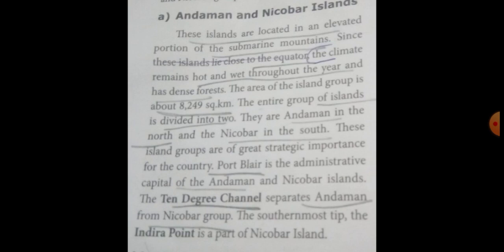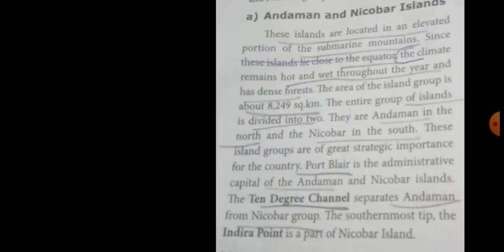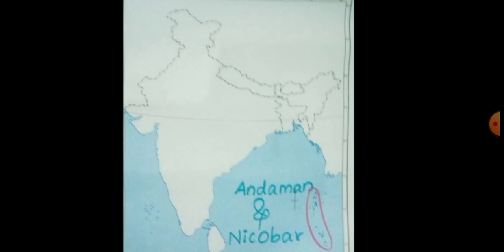Just see this map, students. Here, the Andaman and Nicobar Islands are shown. This island is situated in India.